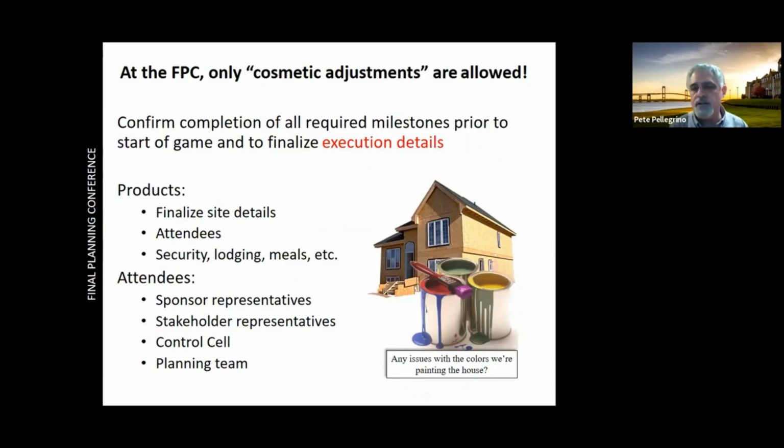When you get to the final planning conference, really this is where you get to tweak the edges. There might be some issues with some participants, and we thought we were going to get this person, but we're going to have to substitute that person. And it looks like we may have to move the final plenary an hour because of when the CNO's plane lands. But you're tinkering at the edges. At the final planning conference, the sponsor sits there, and this might be the first time the actual sponsor, the senior officer or senior individual who has that yay or nay authority, actually shows up.